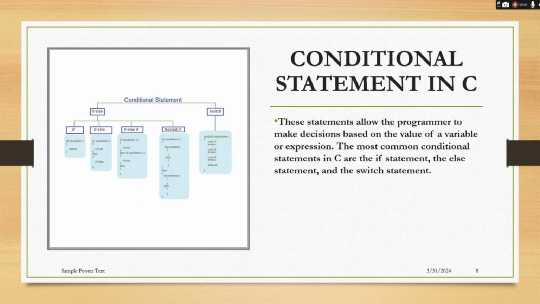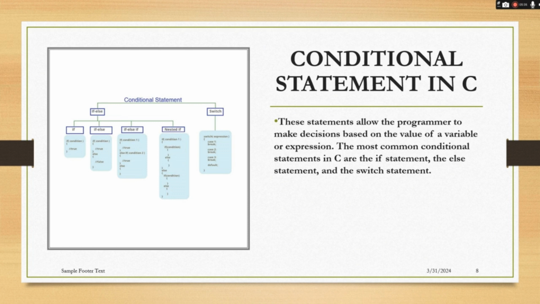Conditional statements. In C, these statements allow the program to make a decision based on the value of a variable or an expression. The most common conditional statements in C are the if statement, the else statement, and the switch statement. They are also known as decision-making statements and are used to evaluate one or more conditions and decide whether to execute a set of statements or not.